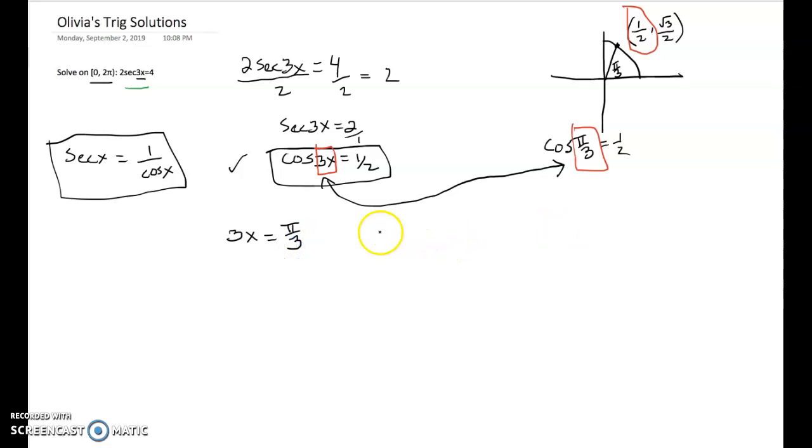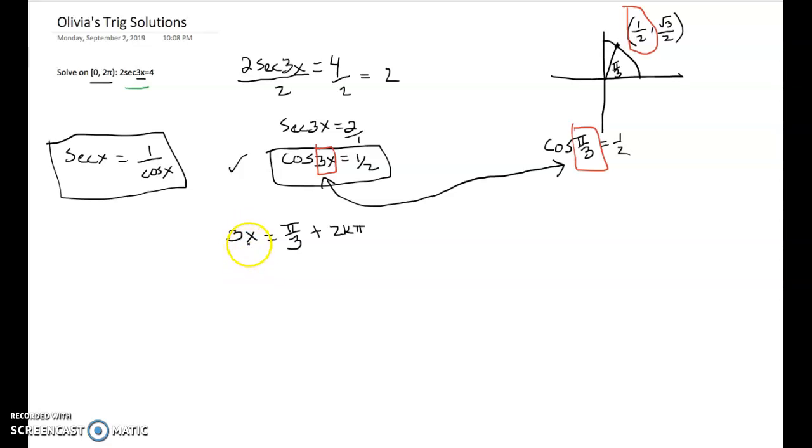But don't forget that any rotation of any multiple of 2 pi will also give you the same answer. So 3x equals pi over 3 plus 2k pi.